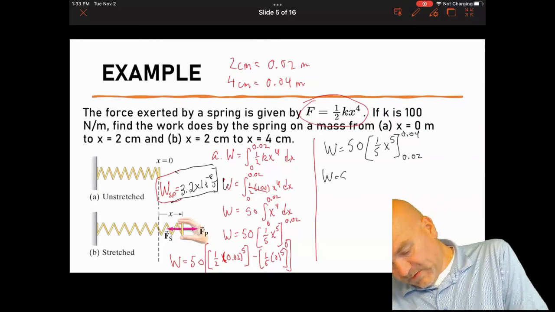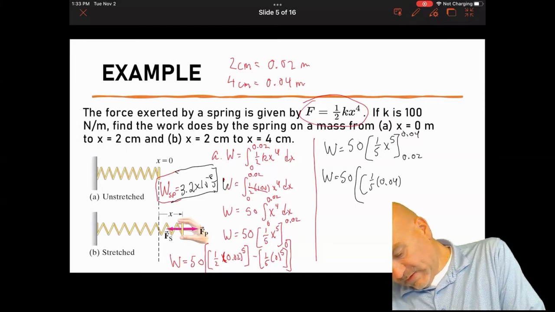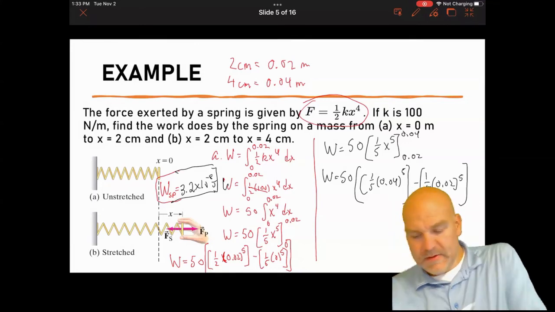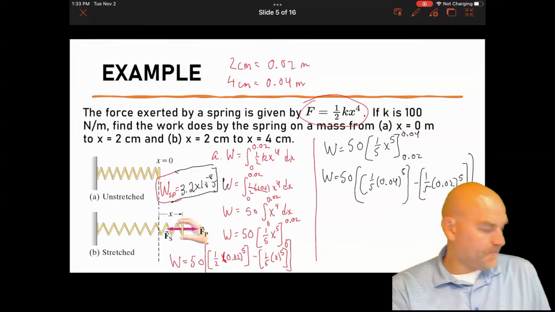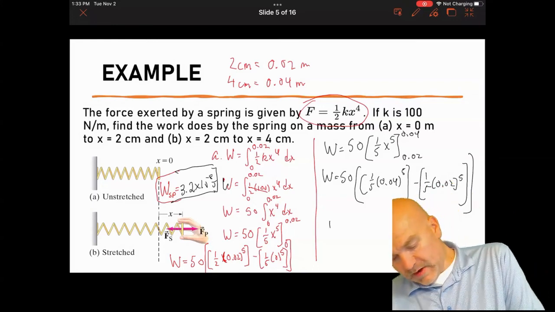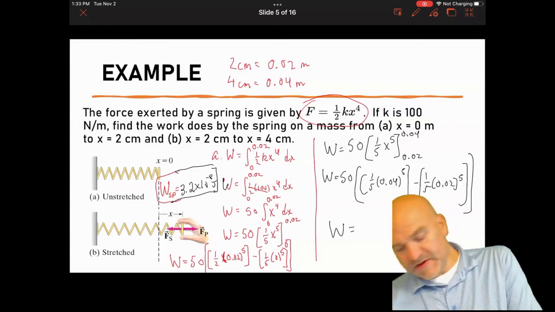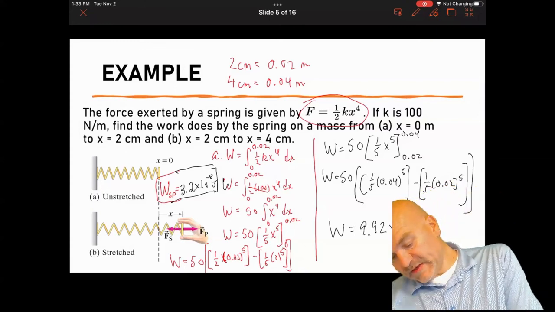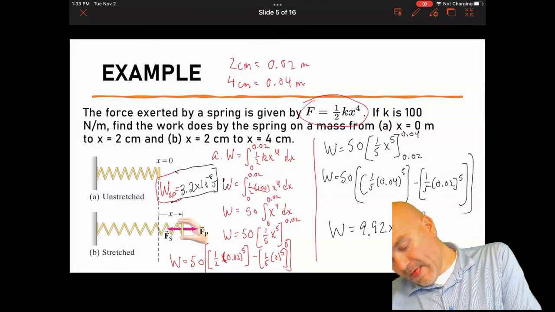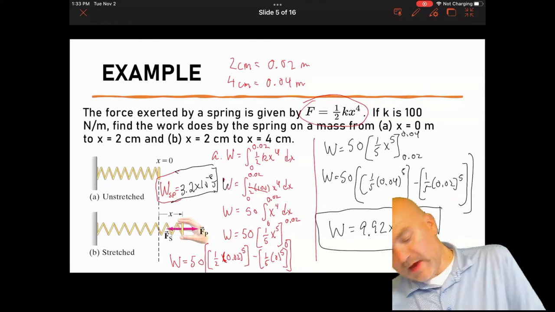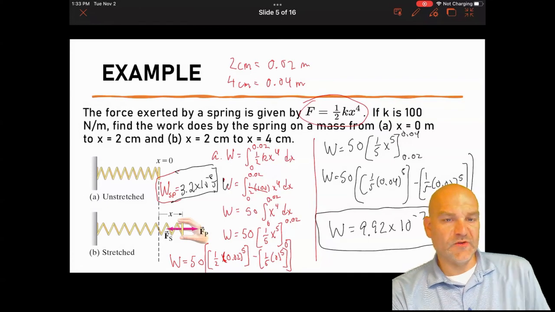Work equals 50 times 1/5 0.04 to the fifth minus 1/5 0.02 to the fifth, and all that's going to be multiplied by 50. And so my work done, for essentially the same displacement, is going to be much more: 9.92 times 10 to the negative 7th joules.